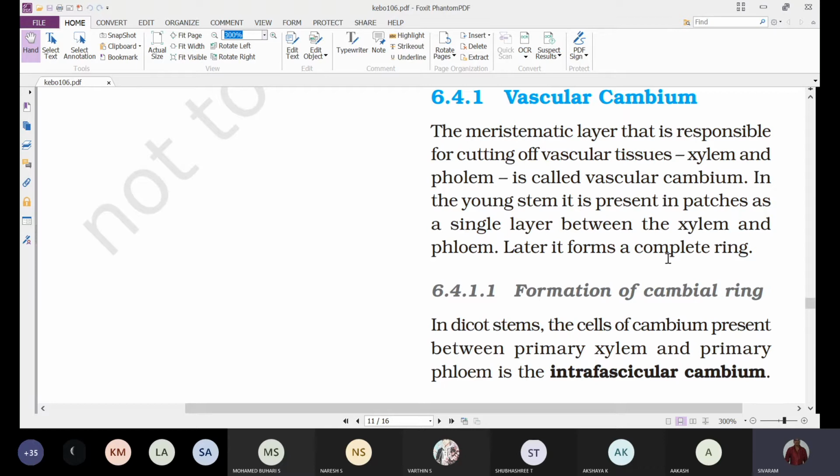Conjoint means both xylem and phloem are present on the same radius, side by side, with phloem towards the outer side and xylem towards the inner side. In between these two tissues we find a layer of parenchymatous cells which we call cambium. That is what we call vascular cambium.